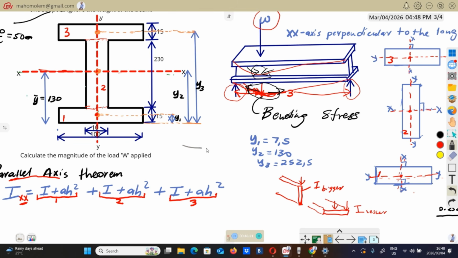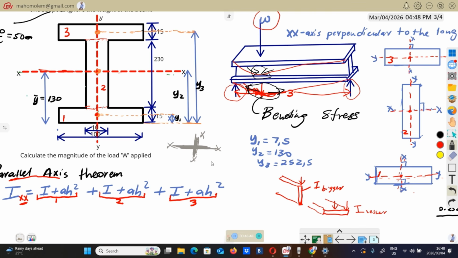The red XX line goes like this. You check this XX line, it goes like this. So the XX line is not parallel to this line. It's perpendicular. We don't want the perpendicular ones, but we want the parallel one.